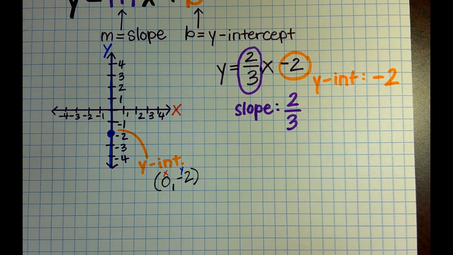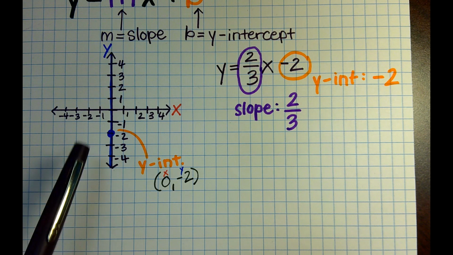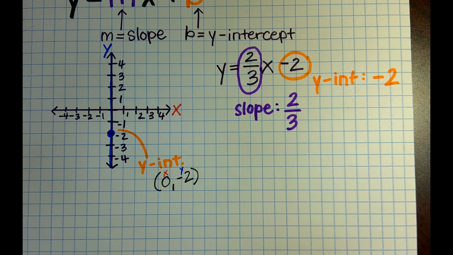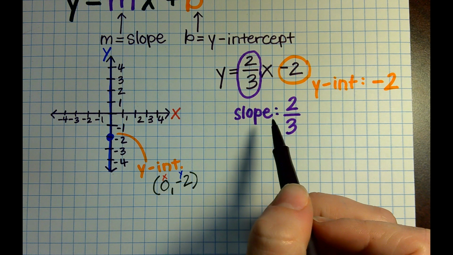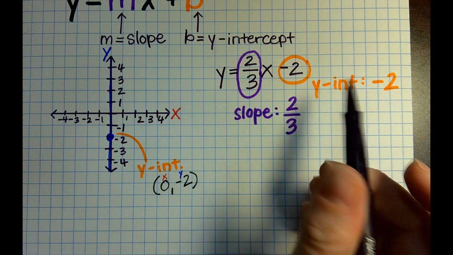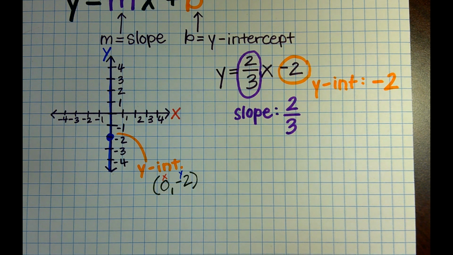Now I'm going to show you one more thing. We've plotted our y-intercept, and now we're going to talk about slope. So slope is exactly what it sounds like. It's telling us how steep something is.